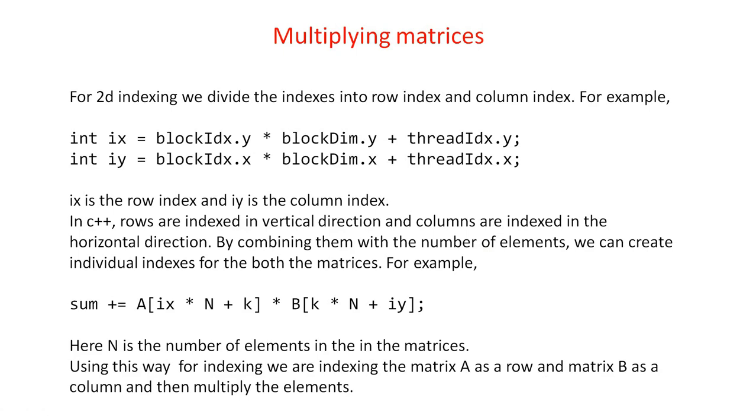Now for integer iy, it is blockIdx dot y multiplied by blockDim dot y plus threadIdx dot y. For integer ix, it is blockIdx dot x multiplied by blockDim dot x plus threadIdx dot x. In matrix multiplication you have to multiply rows by columns, and that can be achieved using this particular formula.